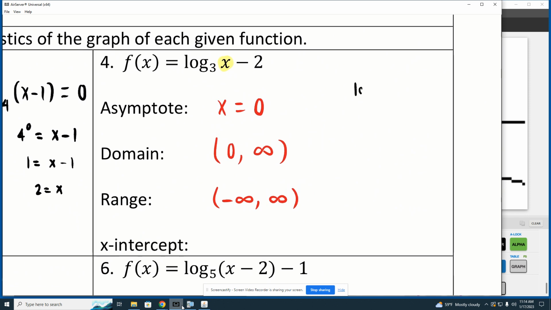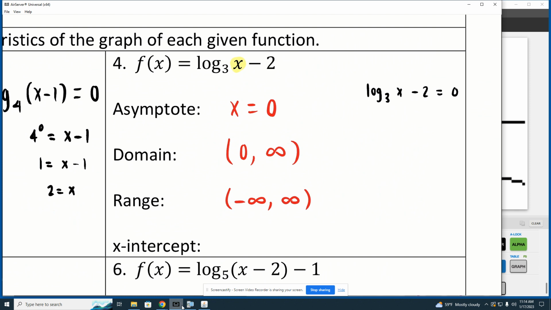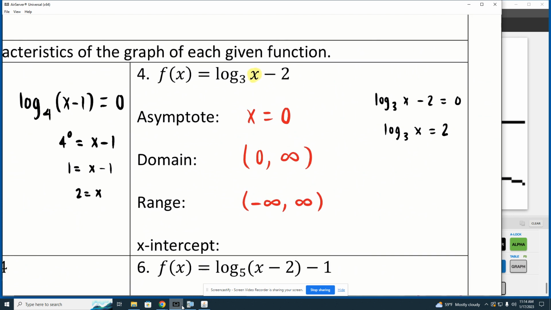Number 4, I just want to show you one more of these. Don't forget, if you use that method, are we ready to rewrite it as an exponent like I just did the one previous? No, because that x minus 2 is not in parentheses. I've got to do what with that minus 2 first? You've got to add that 2. So it's really log base 3 of x equals 2. Do you see the difference between when there's parentheses and when there's not parentheses?